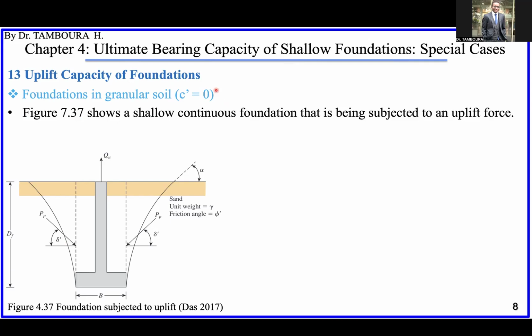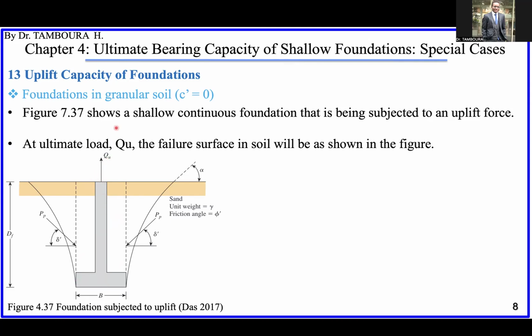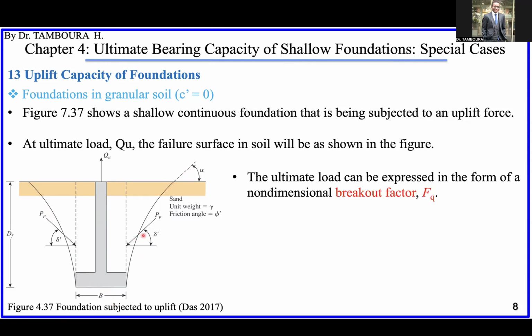So this figure is showing a continuous footing being subjected to uplift force. When this load reaches the ultimate one, we can see this failure. I already explained the failure that happens in the soil.